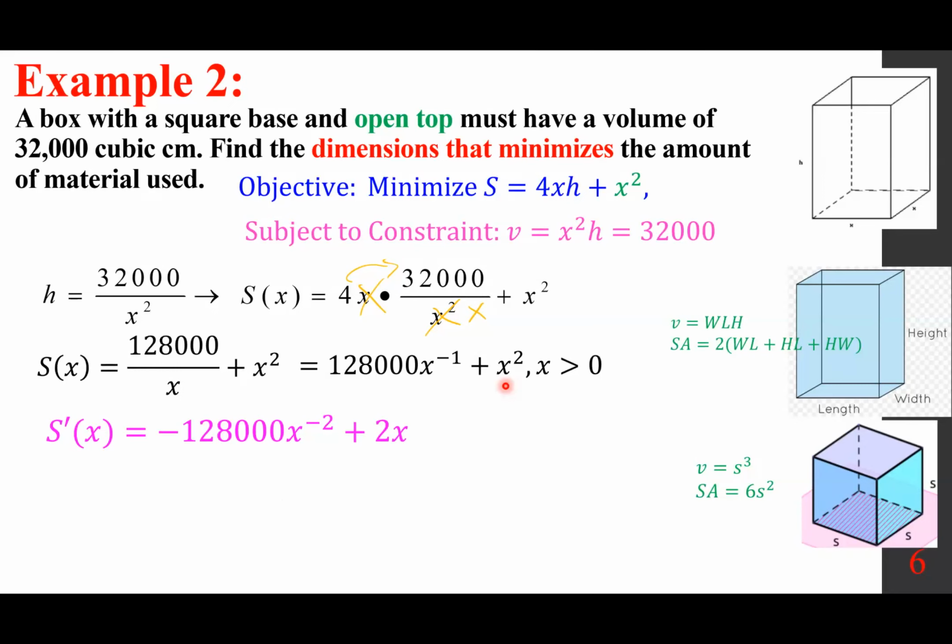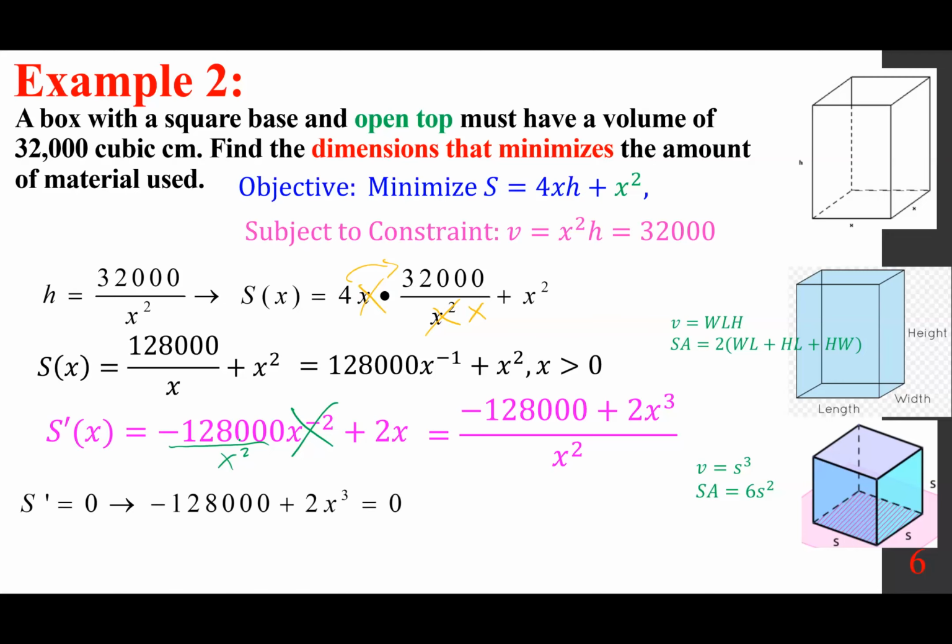We are going to write it as 2x cubed minus 128,000 over x squared. We take a common denominator of x squared, and 2x changes to 2x cubed. A fraction is 0 when the numerator is 0. So s prime is 0. That means the top is equal to 0.